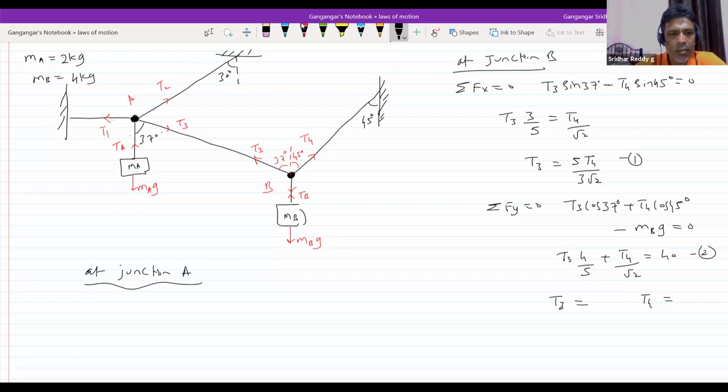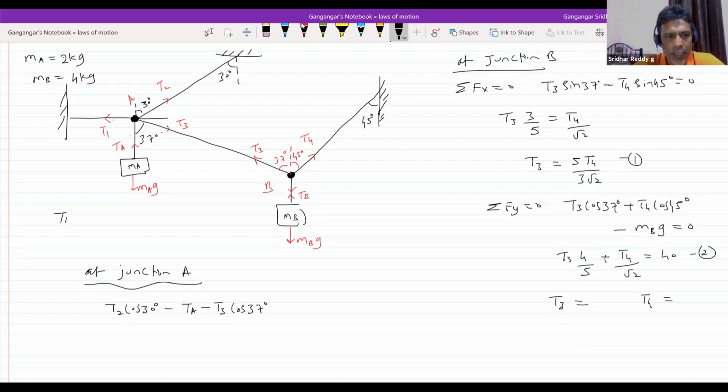So T2, this will be 30 degrees. So T2 cos 30 should balance TA minus T3 cos 37.